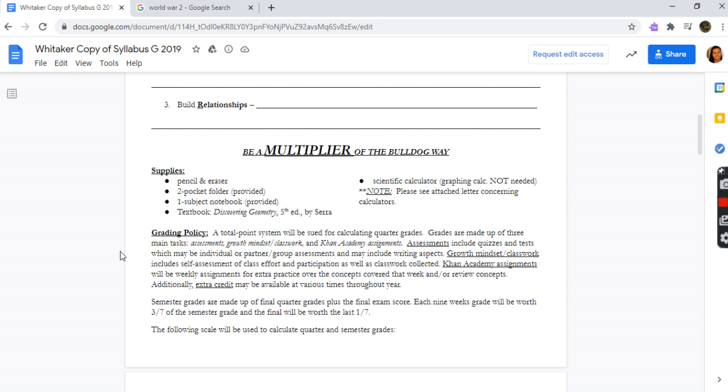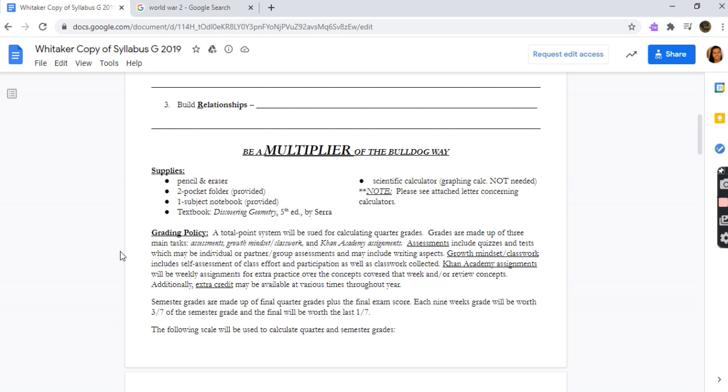Grading policy. A total point system will be used for calculating quarter grades. Grades are made up of 3 main tasks: assessments, growth mindset and classwork, and Khan Academy assignments. Assessments include quizzes and tests, which may be individual or partner group assignments, or assessments that may include writing aspects.